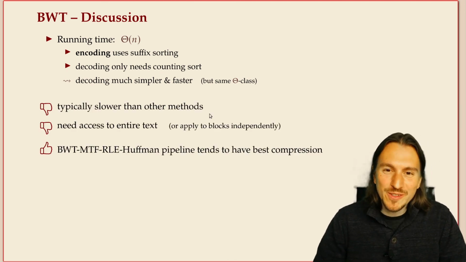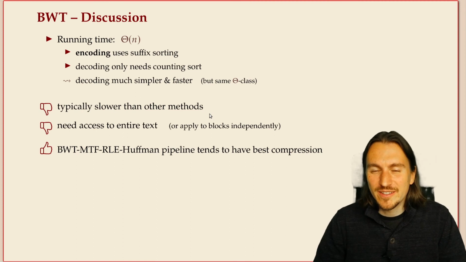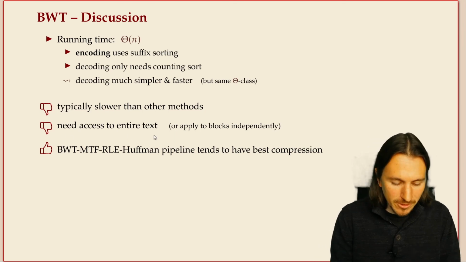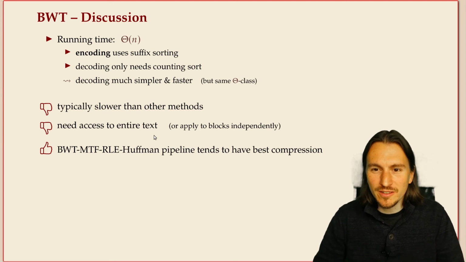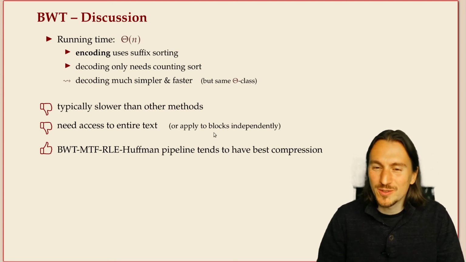The downside of BWT is exactly this suffix sorting. It is slower than other, simpler methods. And we also need the entire text available. We cannot do this streaming unless we break the text into blocks, which is of course an option.